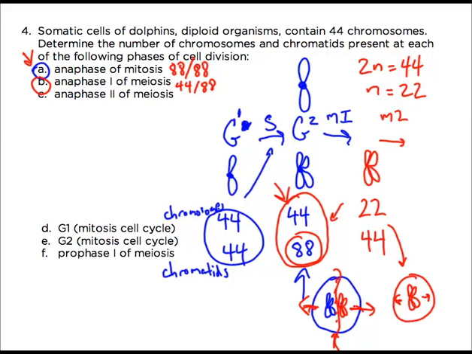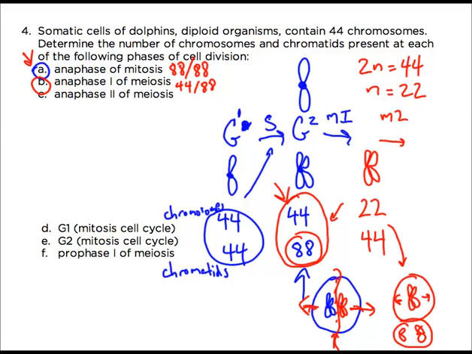So sister chromatids get separated in meiosis 2, and as soon as they do, you guys figured out I'm not the best artist in the world, I guess, each of these new entities, since they're separated, has got to be called a chromosome, right? We have the same number of chromatids until the cell's totally finished with meiosis 2.